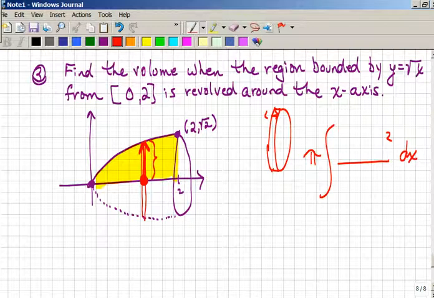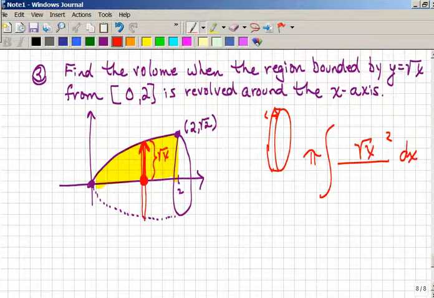So, how tall is that? Well, it's hitting the curve, and the curve is the square root of x. So that distance is the square root of x. I fill that in for the radius, the square root of x, and we'll square it.